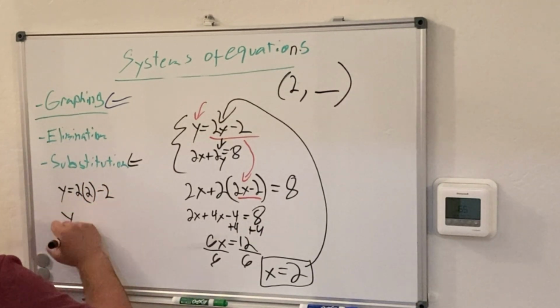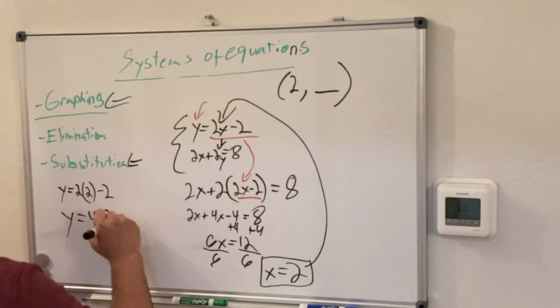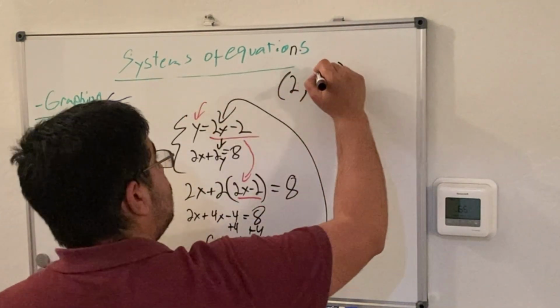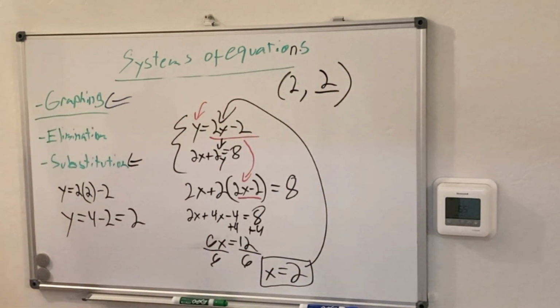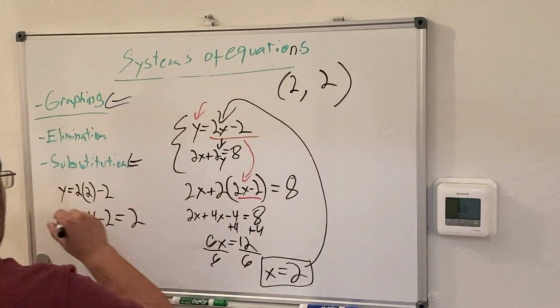So y is equal to 4 minus 2, which is equal to 2. So y is also equal to 2. Okay, we got our solution. That is our solution right there: 2, 2.